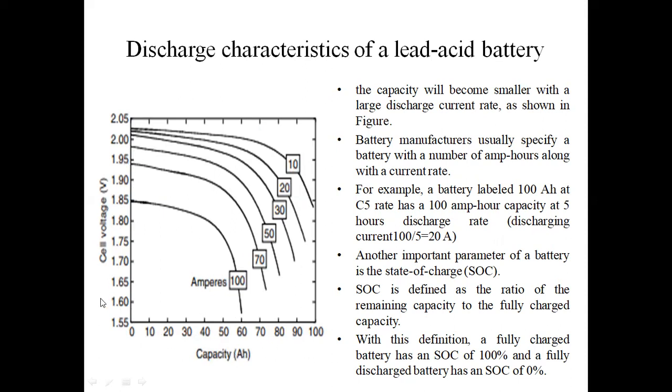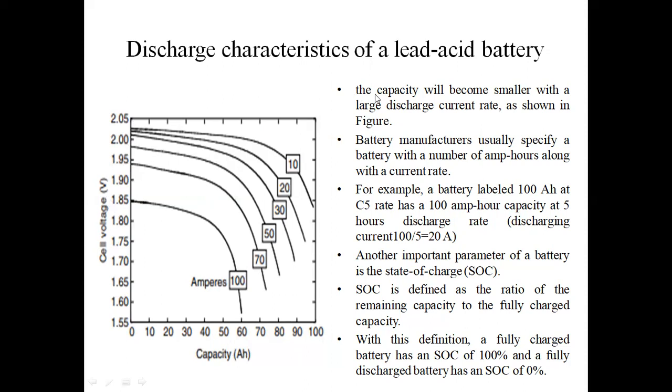Next, this is the Y-axis, the cell voltage: 1.55, 1.60, 1.65, up to 2.05 volts. This is the cell voltage, and this is the current rating.